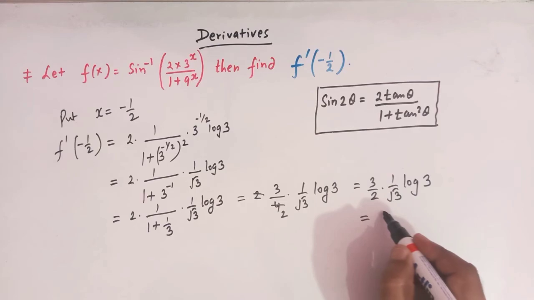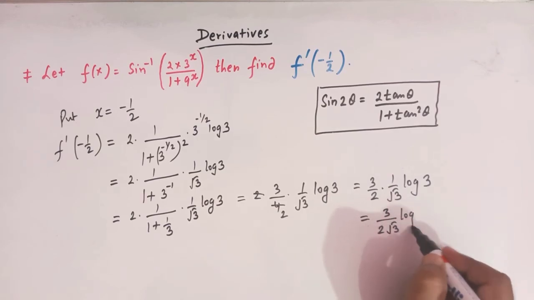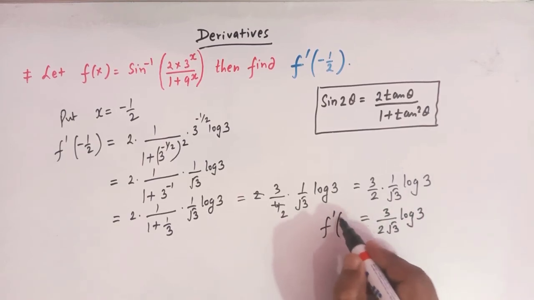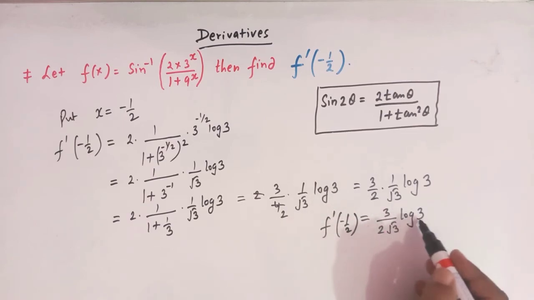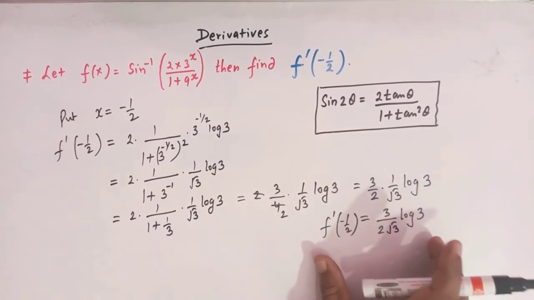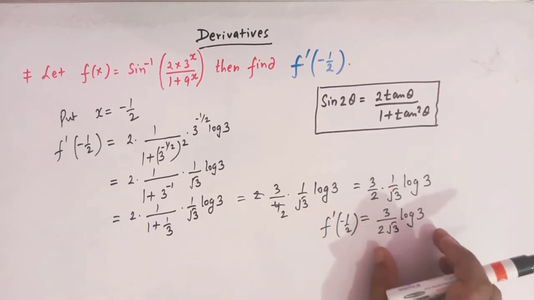So this can be written as 3 over 2 root 3 log of 3, right? So the value of f'(minus half) is equal to 3 over 2 times square root of 3 times log of 3.